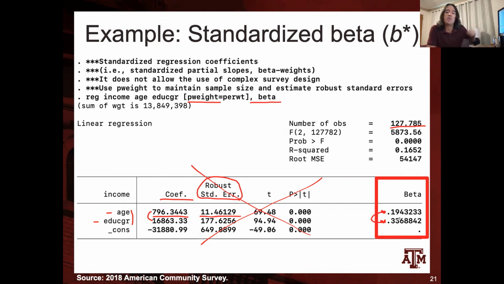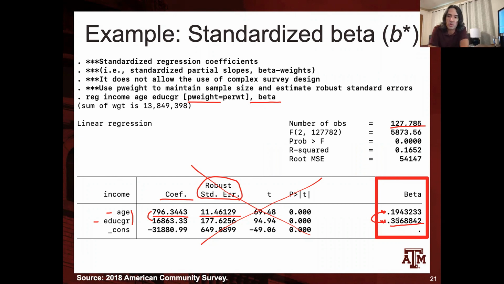And what does this one say? The increase in 1 standard deviation in the education group increases income by 0.33 standard deviations. So by looking at these two, although this interpretation is difficult to understand practically, I can say that education has a stronger magnitude on income because it's farther away from 0, right?